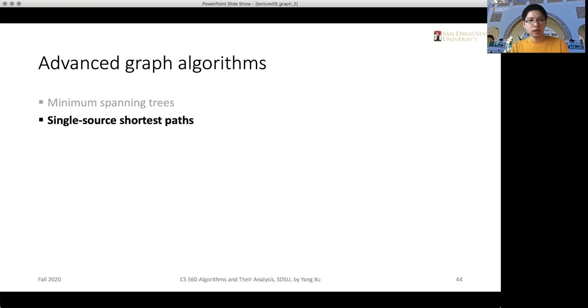The shortest path problem that we will cover today is the so-called single source, which means we just consider one vertex as our source vertex. And it's the simple shortest paths that we'll talk about. By simple, we mean that we don't consider the cycles, right?